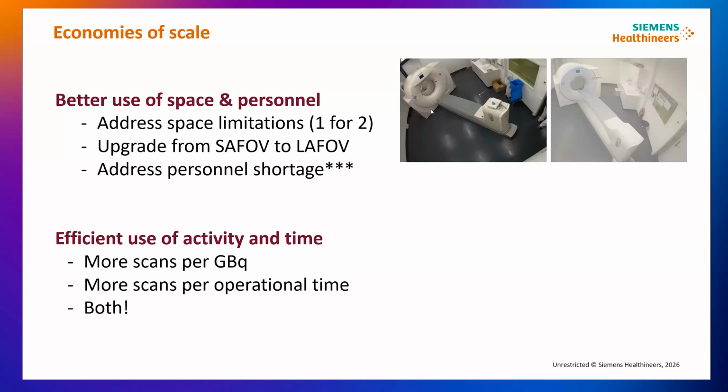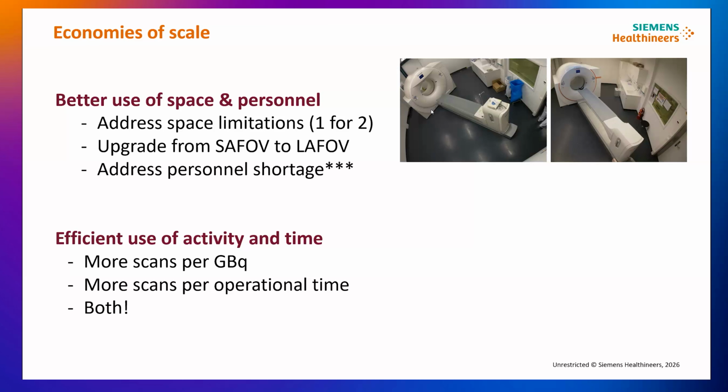This is also possible because many of those systems don't really need more space. You can put a large axial field of view system in the same space that you had for a standard axial field of view system, like the one here that I present from Bern in Switzerland.